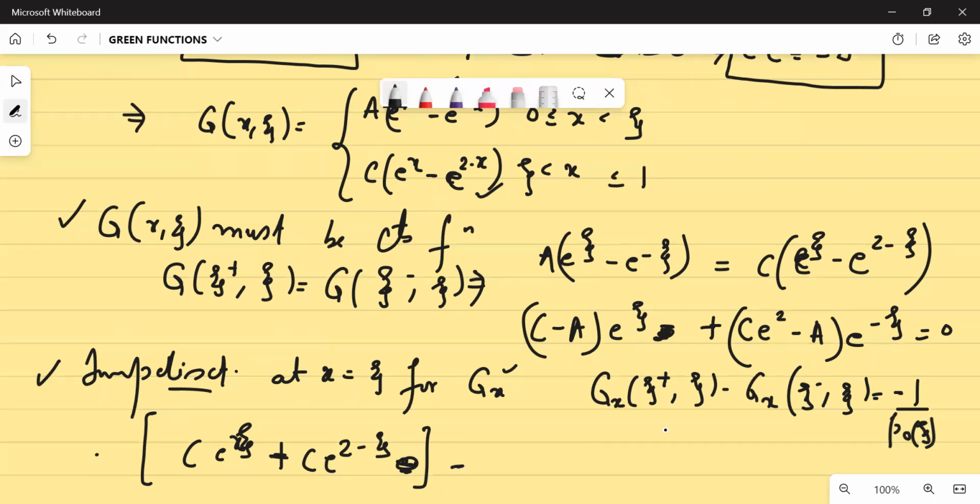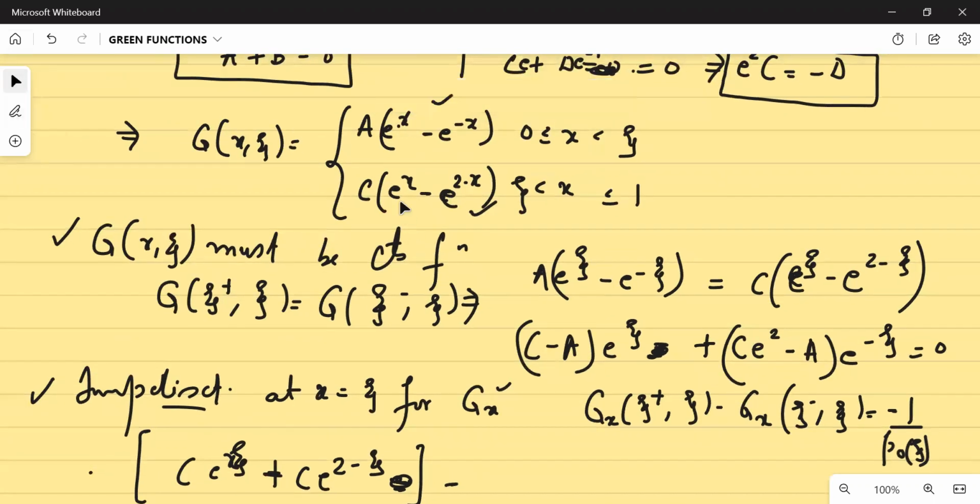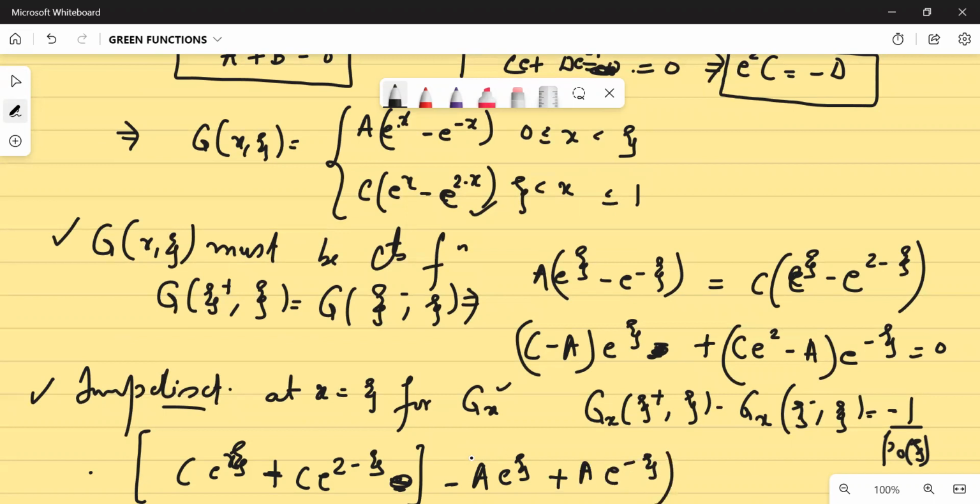And then there will be minus the derivative on the left. What will the derivative on the left be? a e^x, so I think this will come as a e^ζ, and plus, minus.